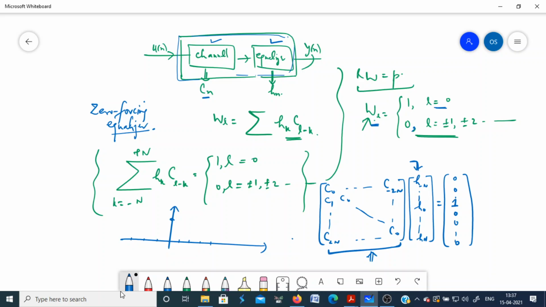So when you transmit any signal and find the convolution of this with this, the contribution of the adjacent pulses will be 0. This is what is called a zero forcing equalizer. It forces the response of the adjacent pulses to be 0 at all other sampling instances, except at the time at which the pulse was transmitted.